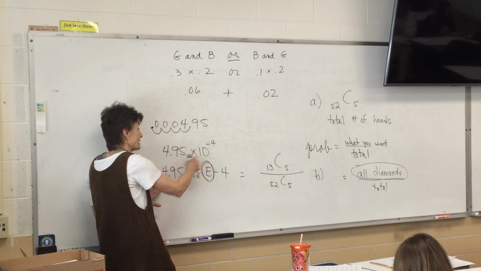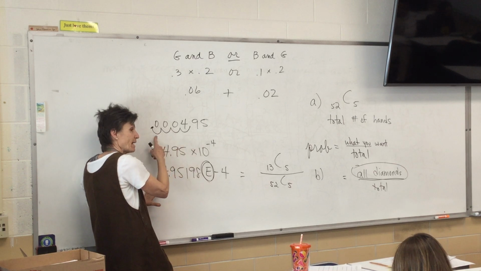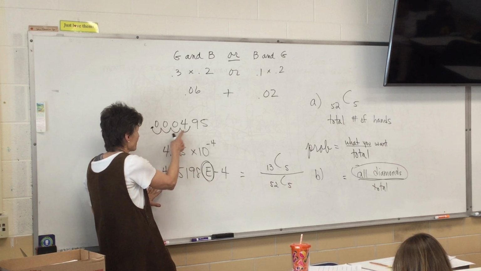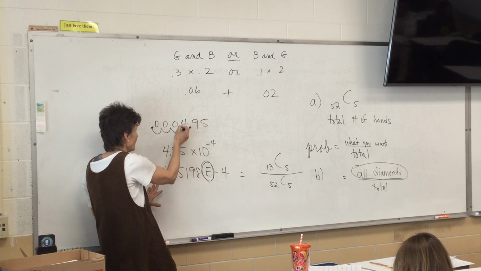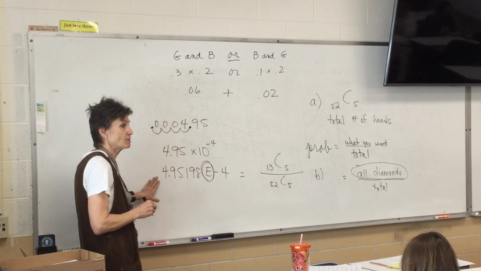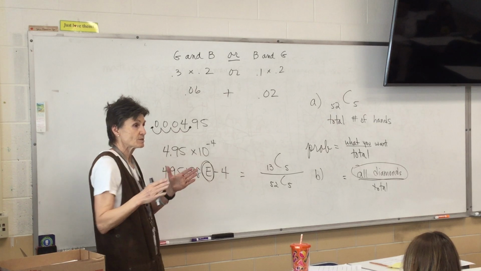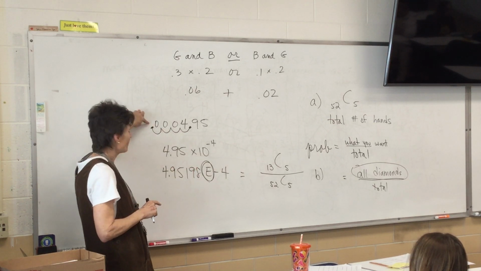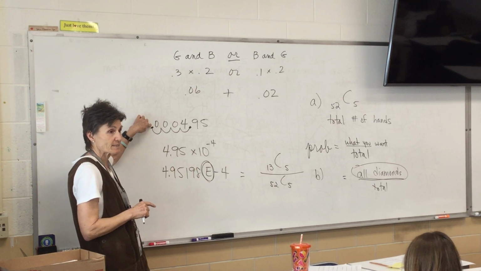That doesn't mean anything to me, so I write it out as a decimal by backing up the decimal point 4 places, and that is the answer to the question. So if this is a quiz or a test and there's an answer blank, that's what you write down. That's the probability.